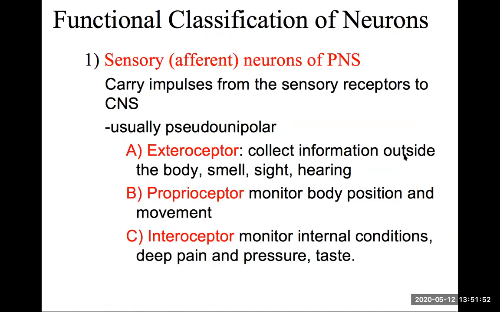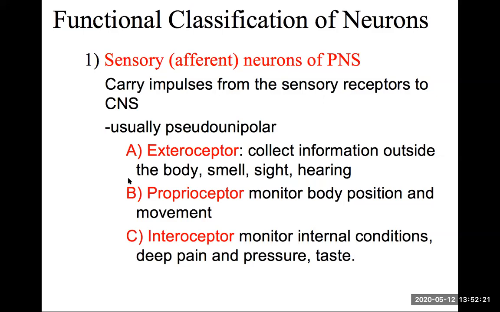All right, now we're going to look at the functional classification of neurons. So we're thinking about how neurons work. The neurons that are sensory, making them afferent, are part of the peripheral nervous system. So these are neurons that carry information into the central nervous system. They are most commonly the pseudo-unipolar.